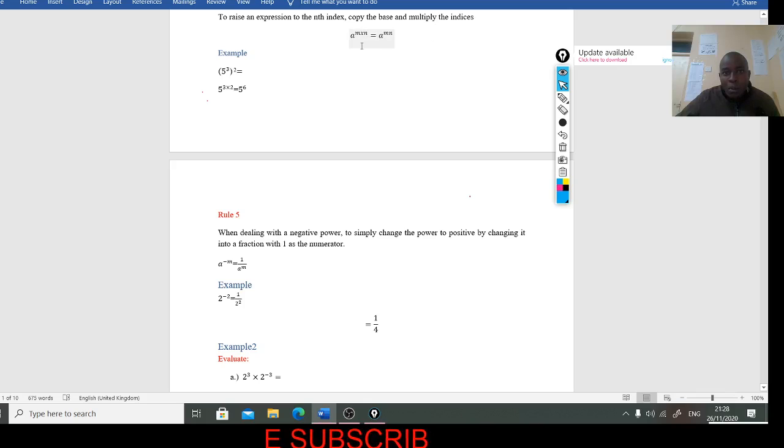That is, a to the power m, raised again to power of n, is the same as a to the power of mn.